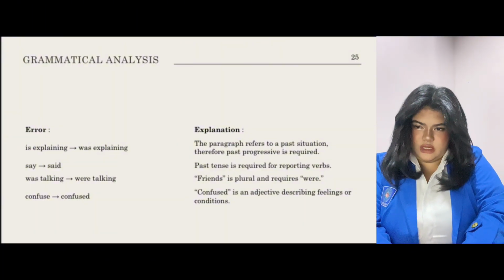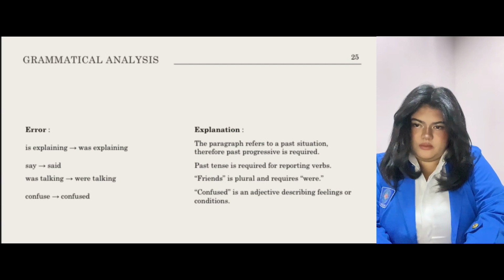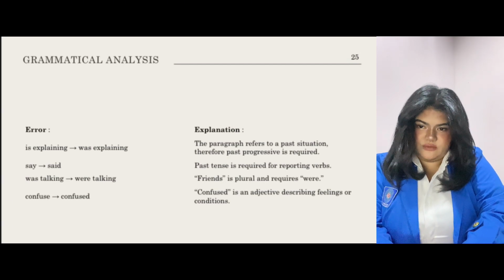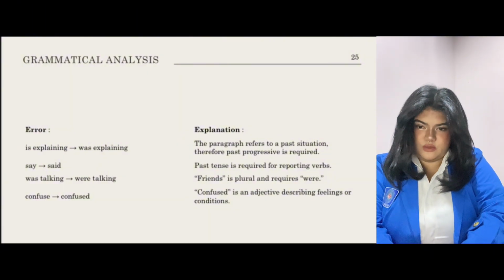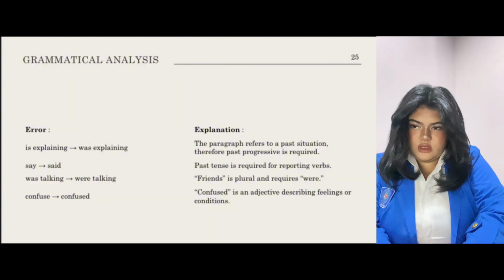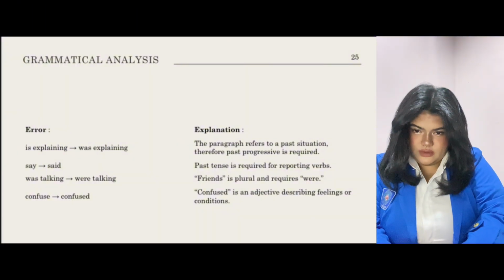And "was talking", it should be "were talking". The explanation is: friends is plural and requires "were". And the last one, "confuse". It should be "confused". Confused is an adjective describing feelings or conditions.